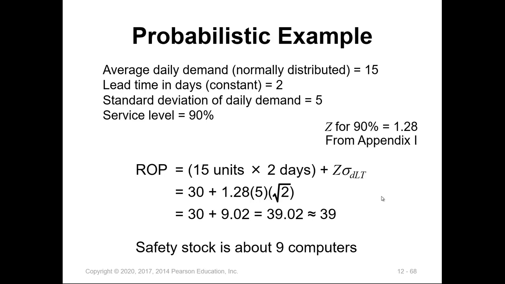That's from the table that we have in the appendix, which gives us the Z value for each level of percentage of service. Substituting the values, we will find 30 plus 1.28 multiplied by 5 times the square root of 2, and that will equal 39.02, or we round it down to 39. So safety stock is about 9 computers. So if I have 30, then I have to add 9 as safety stock.